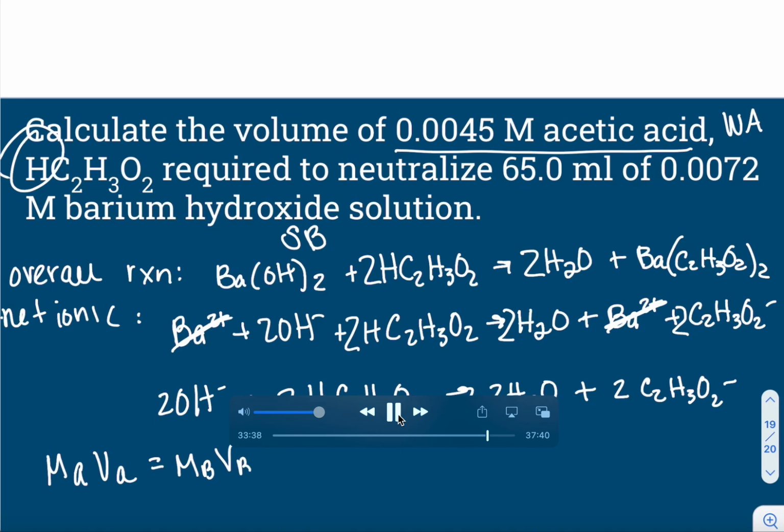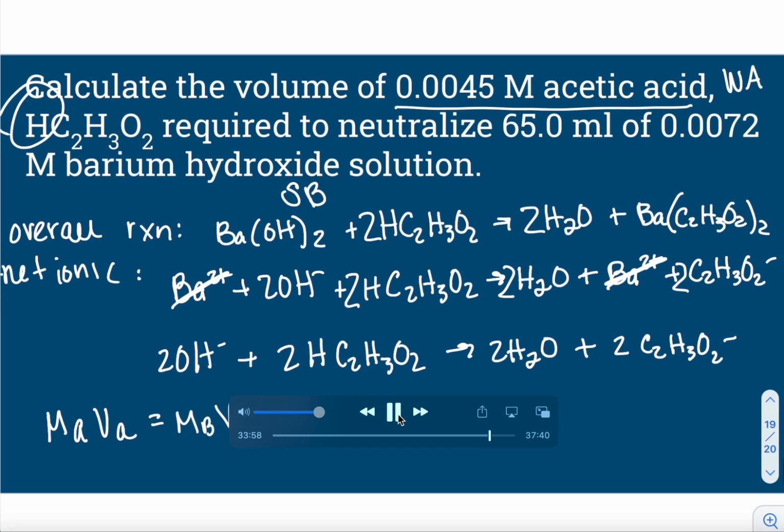Moles of base times volume of base times 2, because on this side of the equation, you're getting 2 OH minuses for each one of those barium hydroxides. So if you add that times 2 on that side, you can use the same formula.